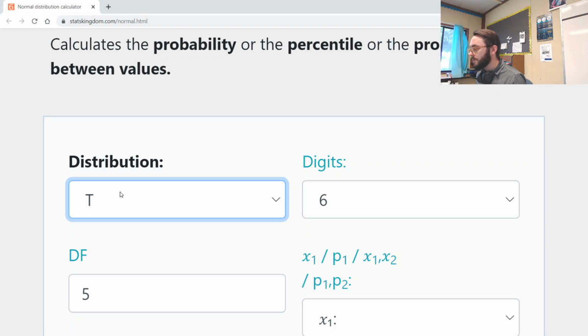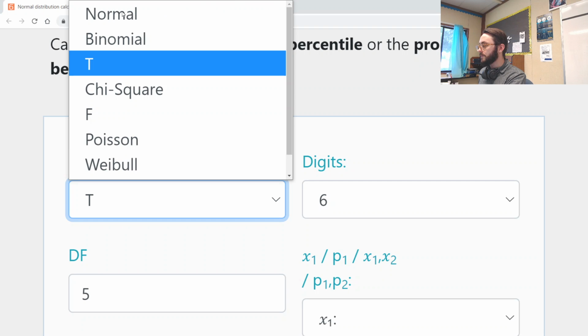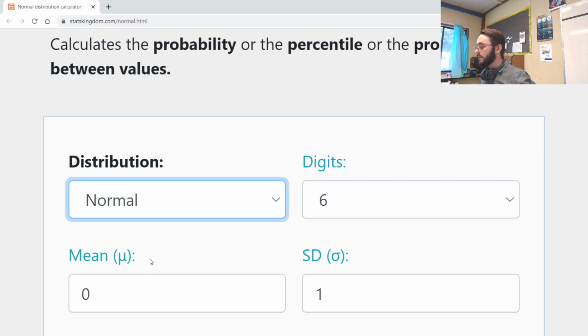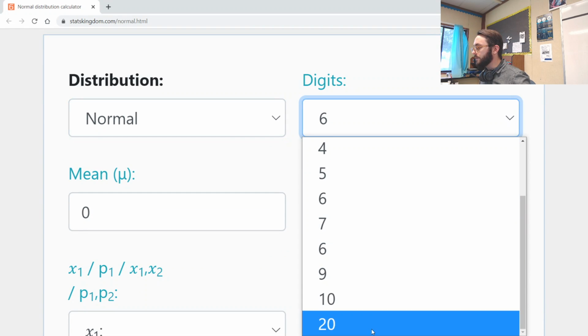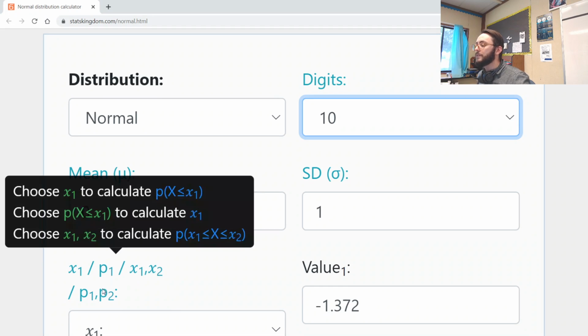Go back to here. Okay, we have to use the normal distribution again. There we go. You know what? I'm going to increase the number of digits just so we can see how minuscule it is.